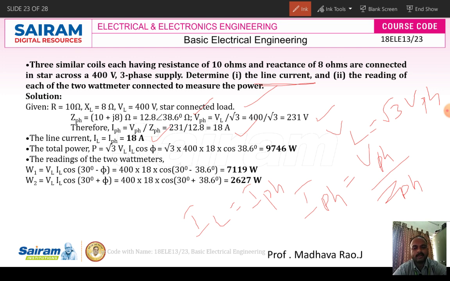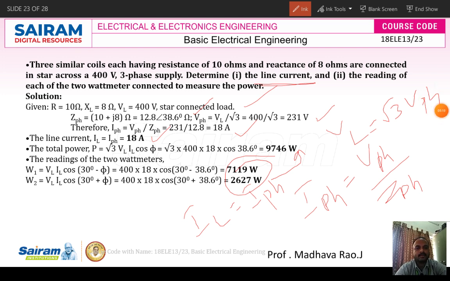If you calculate W1 and W2, you will get W1 as 7,119 watt and W2 as 2,627 watts. If we add these two values, you will get the total power also. Like that you can check whether your answers are correct or not. W1 plus W2 will be equal to P.